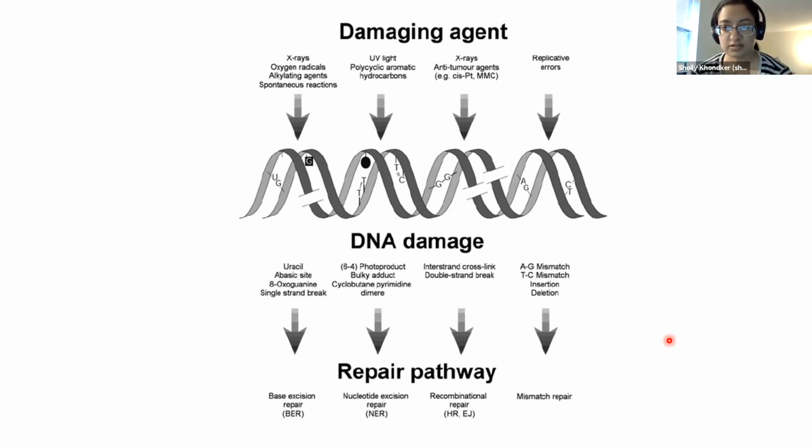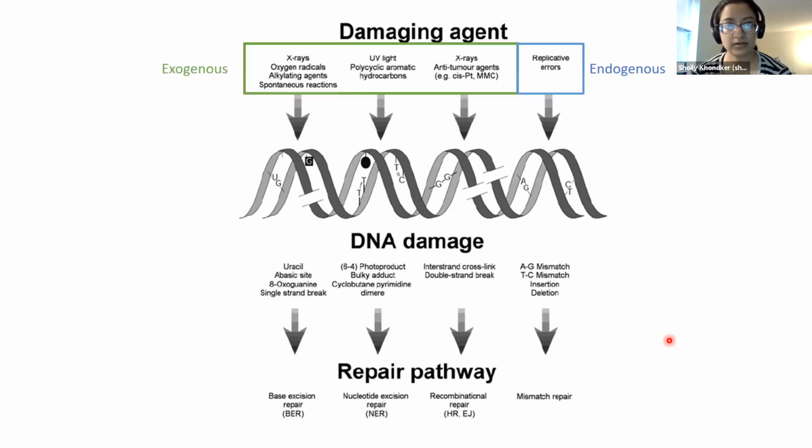DNA damaging agents fall into one of two categories. Either they're exogenous or they're endogenous. The main form of endogenous DNA damage comes from DNA replication errors. So if there's a defect in the proofreading function of an exonuclease, that can cause DNA mismatches, which is a form of DNA damage.